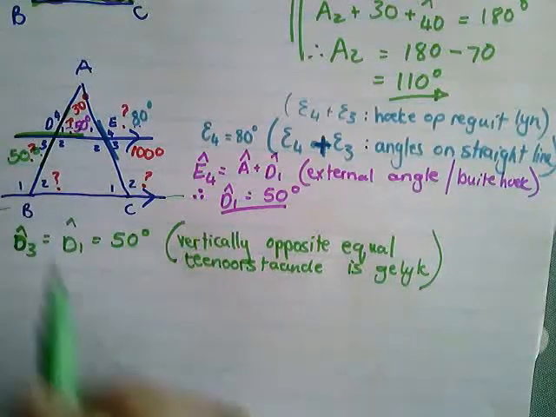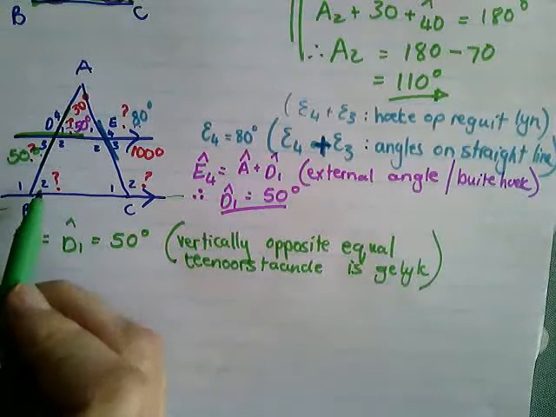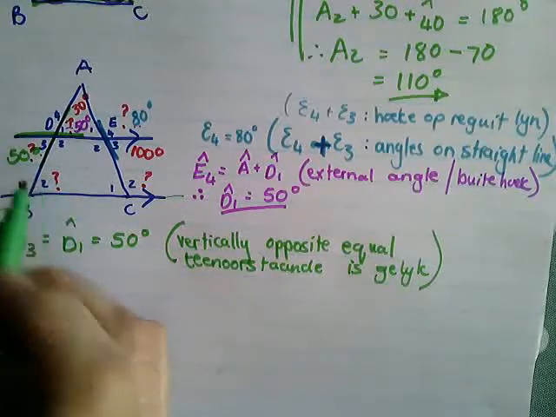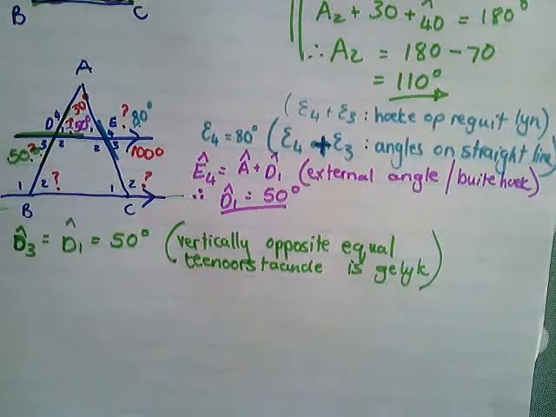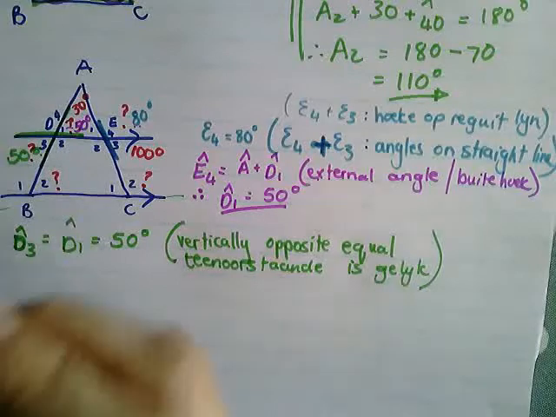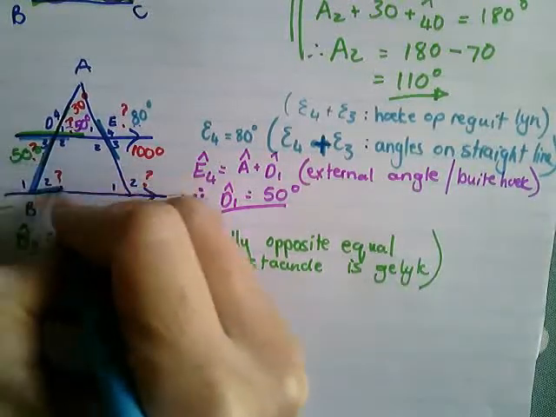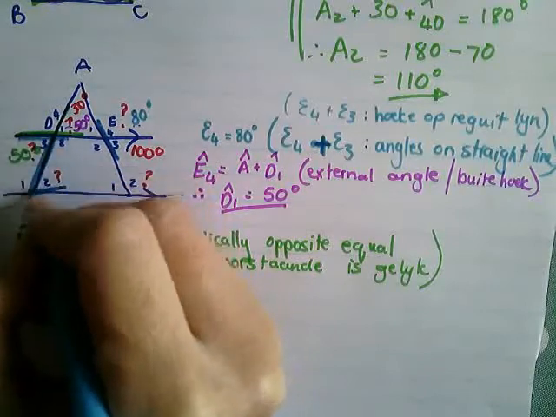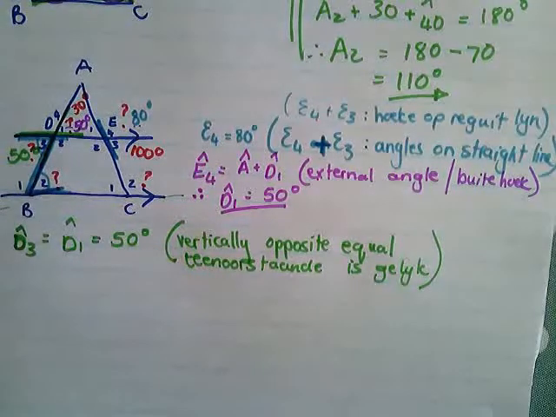Okay, now we need to get angle B2. So B2 is, if you look at those two parallel lines, you can see that a Z or an N forms there. You see the N for fun x. And the two angles on the inside of the N are equal. Hulle is verwisselende hoeke. They are alternate angles.